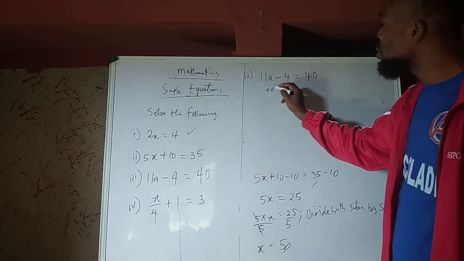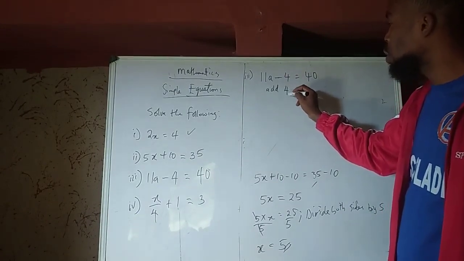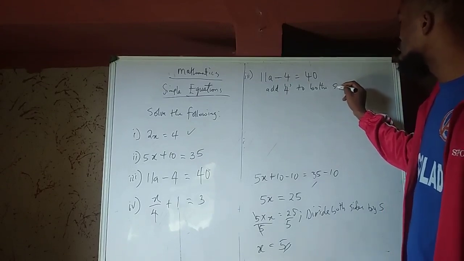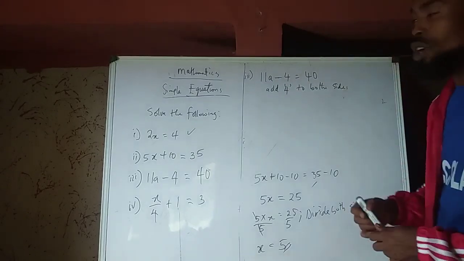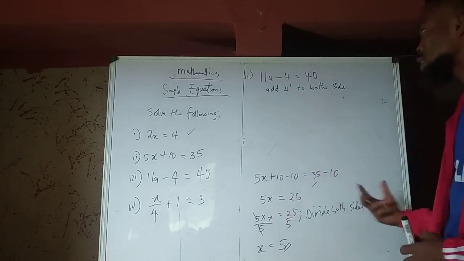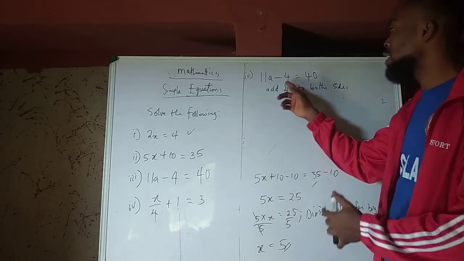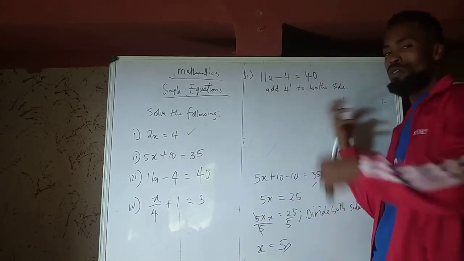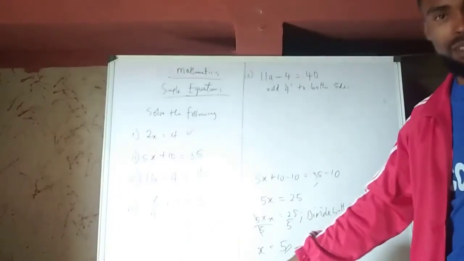What we are going to do is add 4 to both sides. While we are adding 4 in this case, in the other case we subtracted. The reason for the addition here is because we have a negative sign here, so we add to remove it, to counter it, to neutralize it.